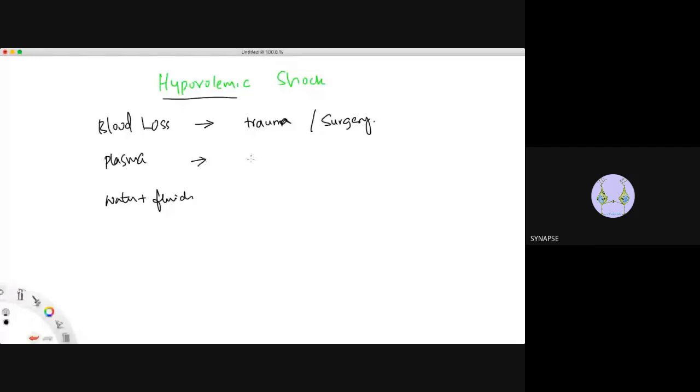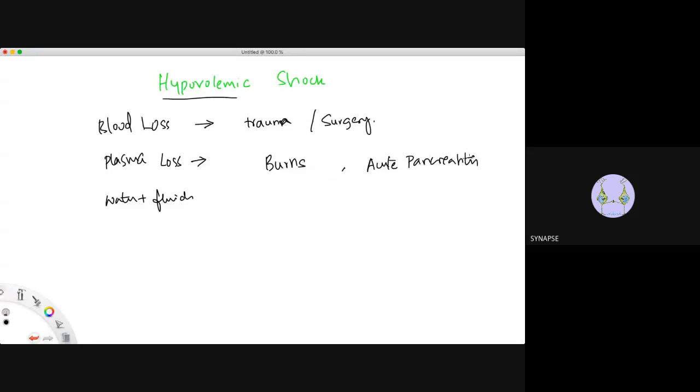Then plasma loss might be because of, let's say, burns. In burns, there is loss of skin, there is loss of the epidermal cover. So hence other mechanisms will play, and there's loss of plasma. Another typical example is the third space loss, that is acute pancreatitis.